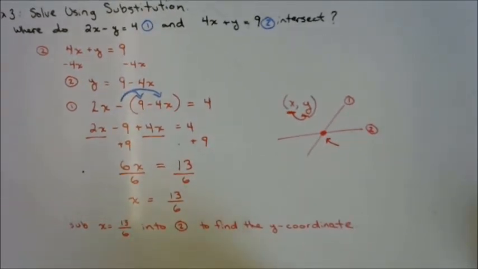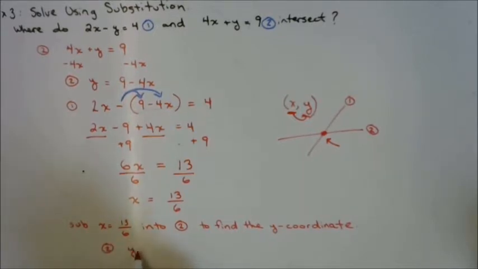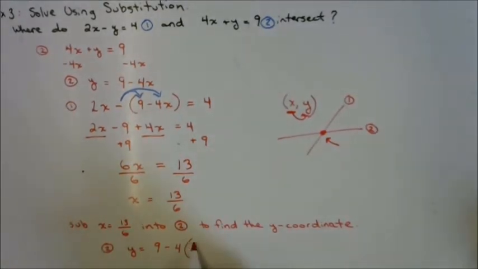I'm going to scroll down a little bit here. We've got equation 2: y equals 9 minus 4x, but where I see an x, I'm going to sub in what I know x is equal to, 13 over 6.